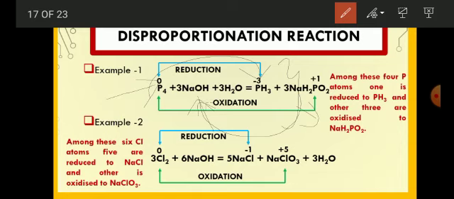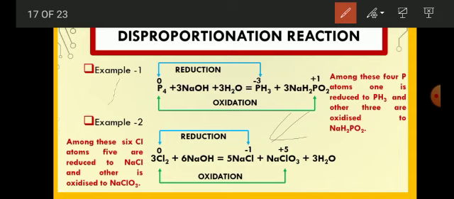So here the other 3 substances are getting oxidized. And in the second example, reduction also takes place and oxidation also takes place, right? So these are some examples so that you can understand disproportionation reaction better.